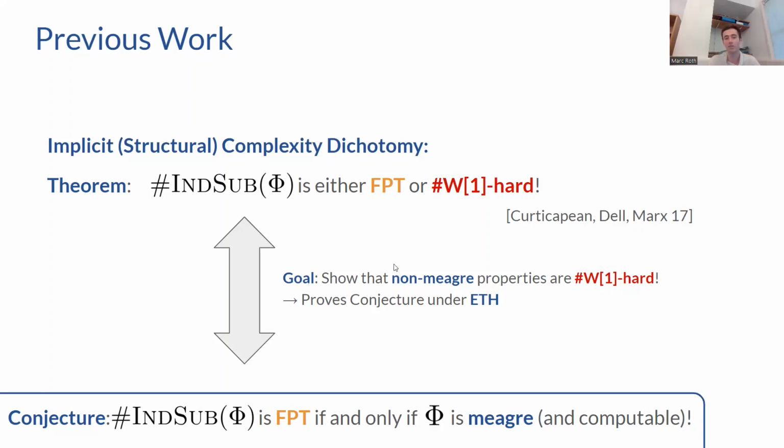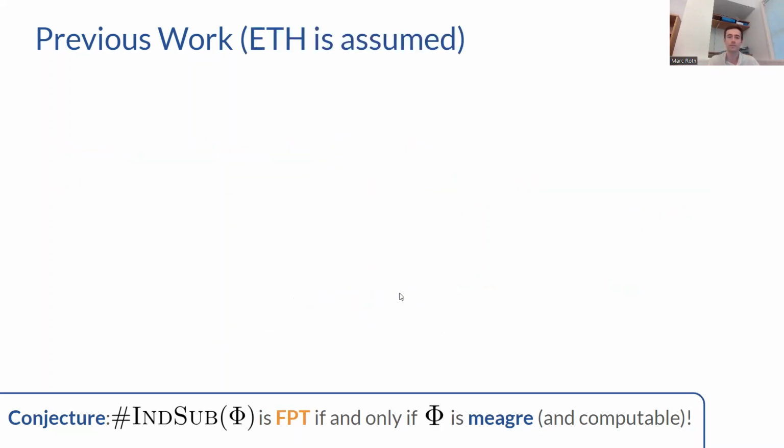Then again, as I said before, we would like to show that the non-meager properties are actually the hard ones. And for some classes of properties, this was achieved in the past. The first more general class of properties that was investigated for this problem is the class of all minor-closed properties.